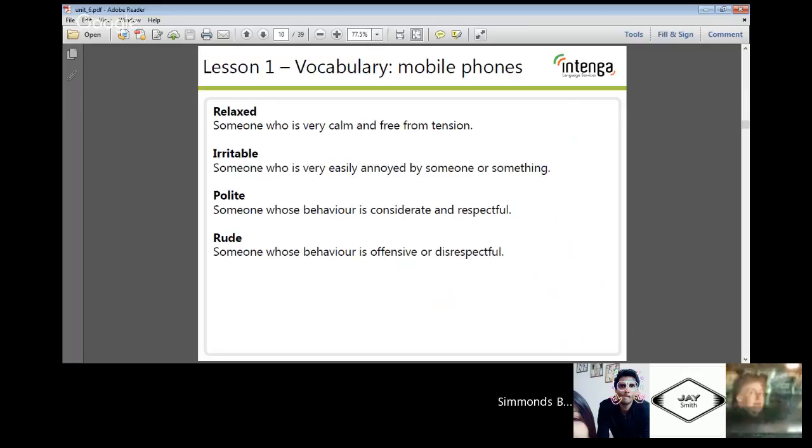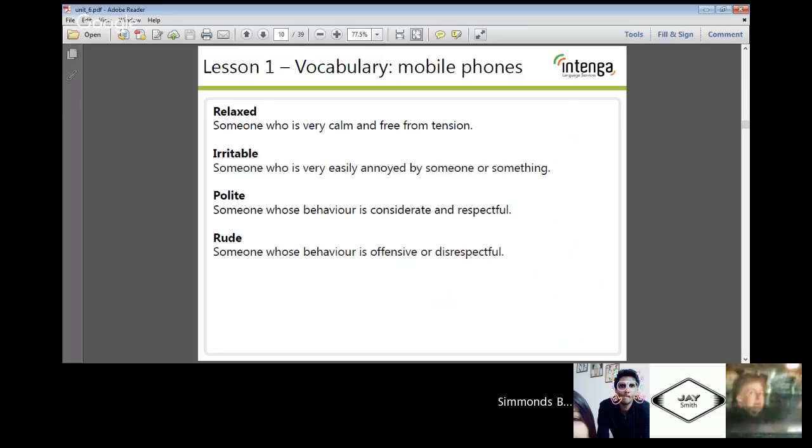I don't know how to pronounce this word. Okay, it's irritable. Thank you. Irritable. Someone who is very easily annoyed by someone or something. Polite. Someone whose behavior is considerate and respectful. Rude. Someone whose behavior is offensive or disrespectful. Good.